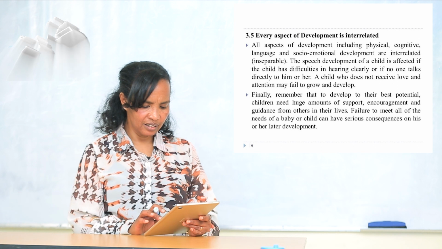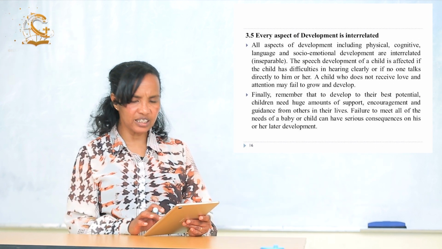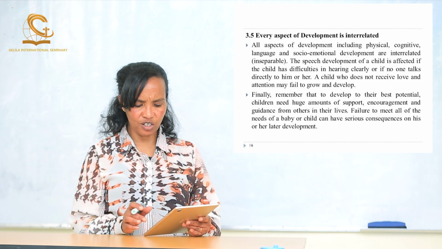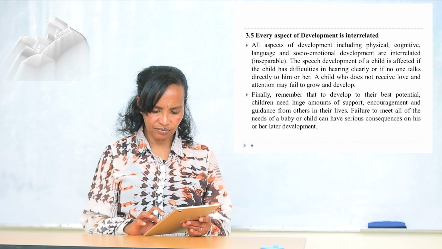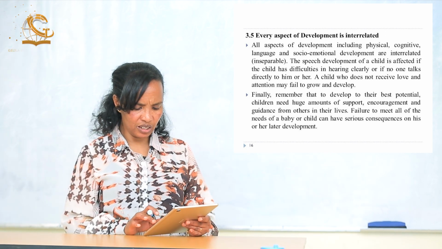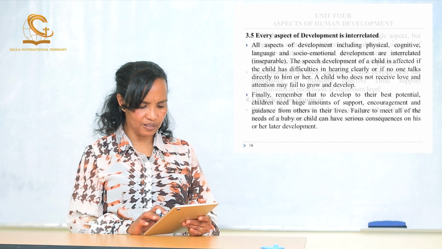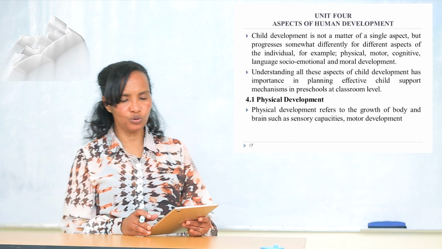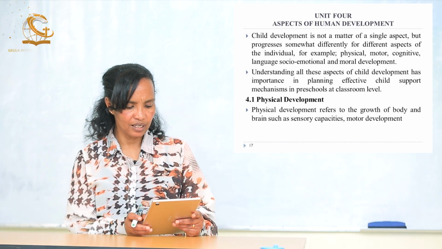And finally, we have to remember that to develop to their best potential, children need a huge amount of support, encouragement, and guidance from others in their life. So failure to meet all the needs of babies and children can have serious consequences in their later development. Let us proceed to Unit 4, that is aspects of human development.